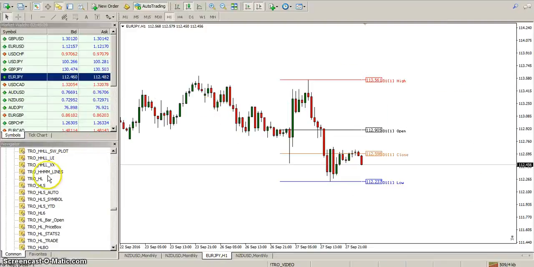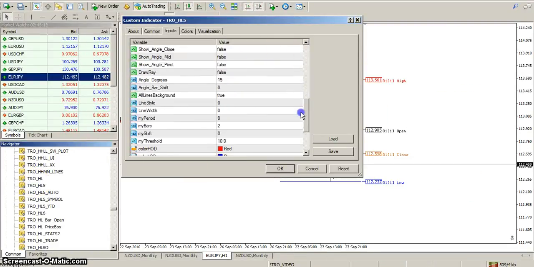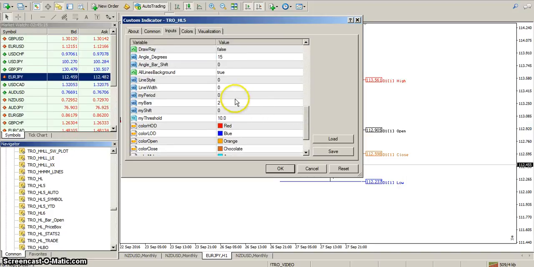What you can do, you can come over and you can load up another instance. So let us do 60s. No, let us do weekly. Okay. And we will do 2 bars with no shift.